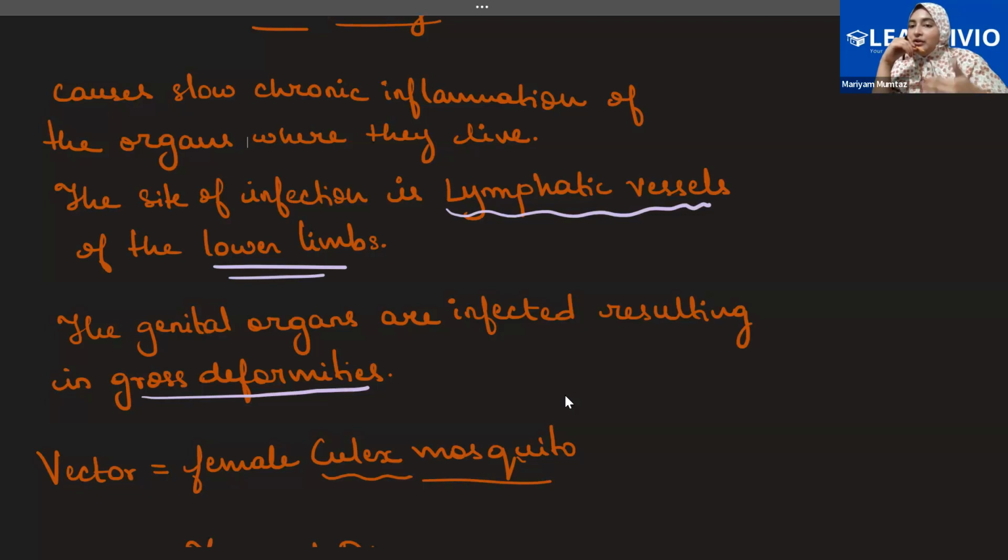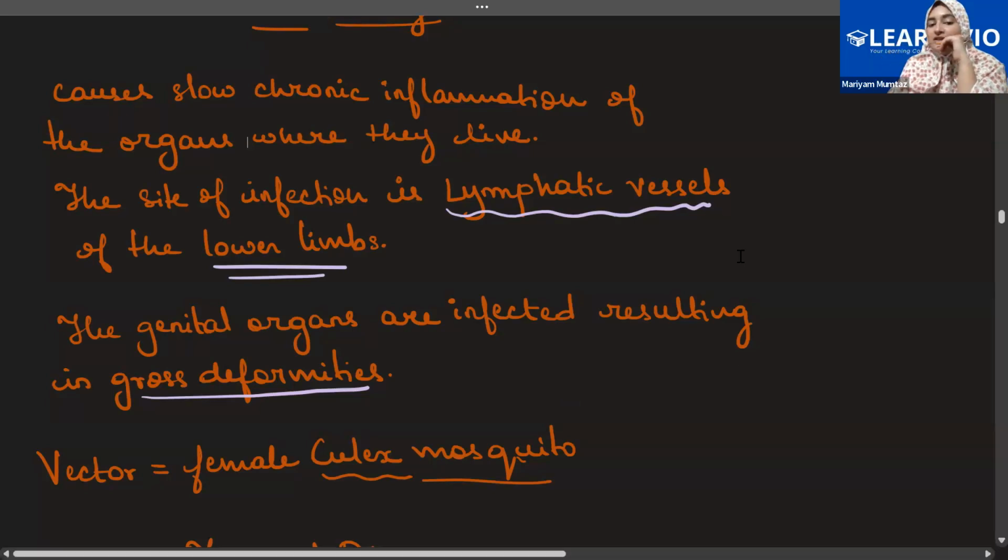They'll mostly bite you on your legs, not your hands, not your face, nowhere. There are some general mosquitoes that bite you everywhere, no matter where you are sitting, no matter what you're wearing. If you're wearing full sleeves, also then they'll bite. That is something else. But there are some mosquitoes that favor only the leg areas. This is the reason why. Maybe some of them are Culex mosquitoes.